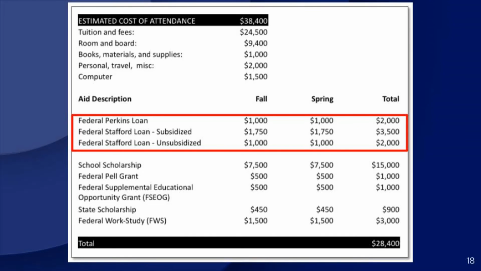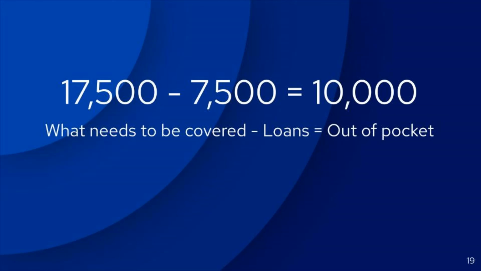In this example, the student is offered $7,500 in loans, so if we subtract that $7,500 from $17,500, you are left with $10,000 to cover at the moment to pay to the school. But remember, you will have to pay back the loans at a later date.